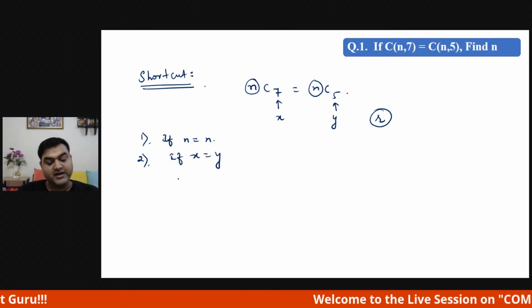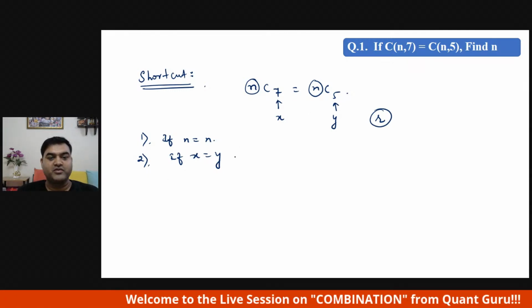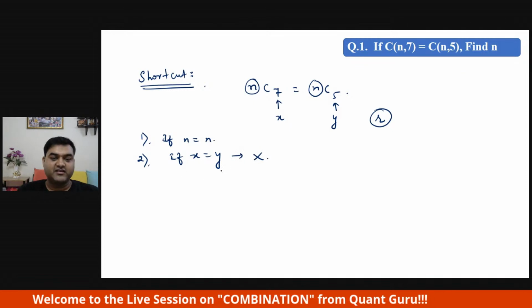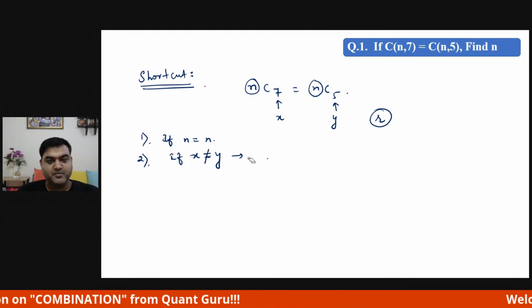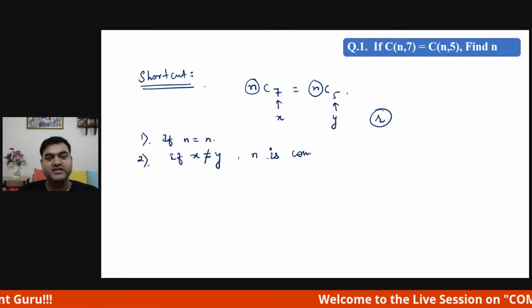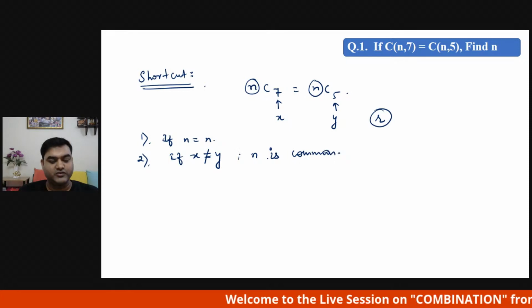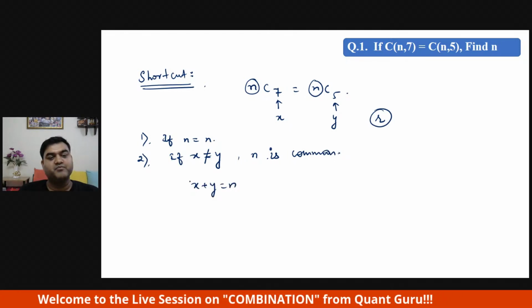Whether x is equal to y? No, it is not. Then if x is not equal to y, but the n value is common on both sides, n is equal to n, then what we can do is x plus y is equal to n.